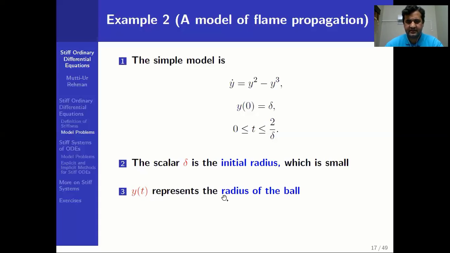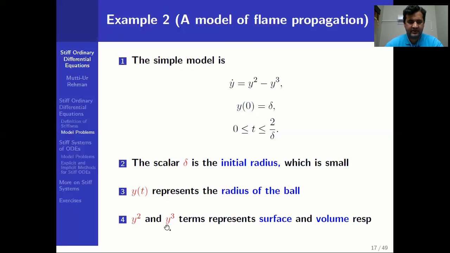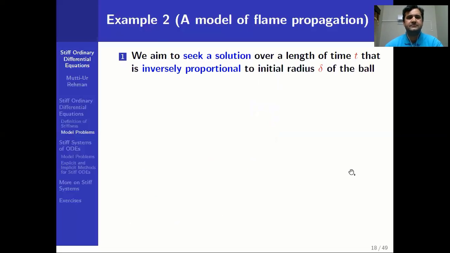This function represents the radius of the ball, and these two are the surface and the volume, respectively. Our target is to seek a solution over a length of time t which is inversely proportional to the initial radius of the ball.